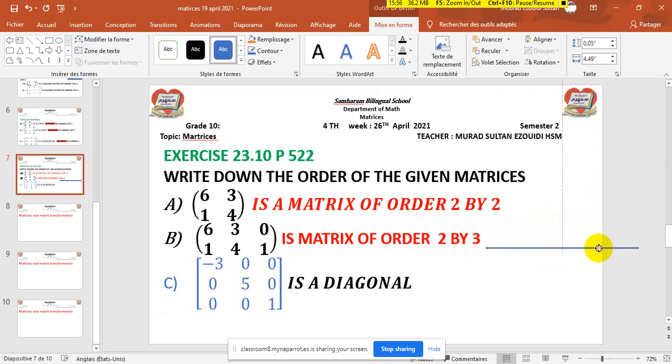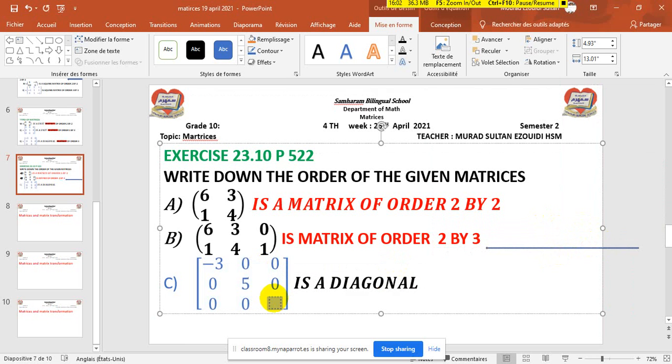Now we move to the next question, sub question C. We have only 3 rows and 2 columns.